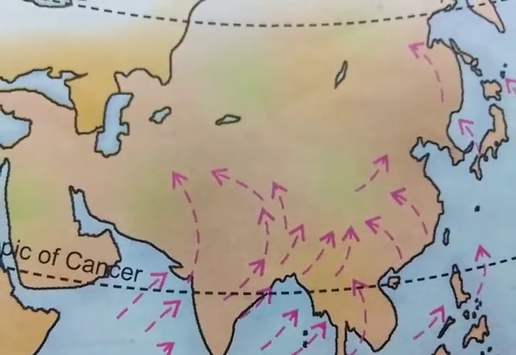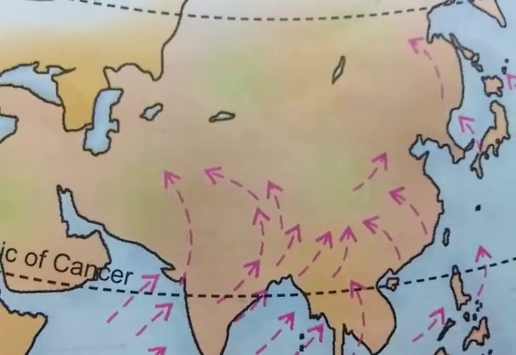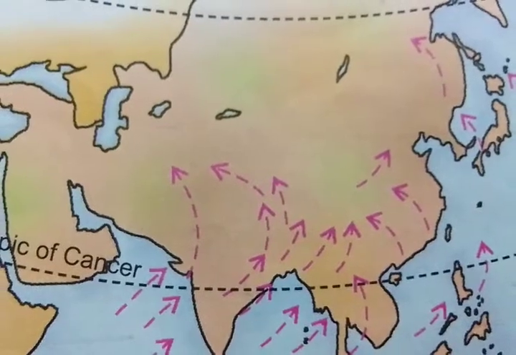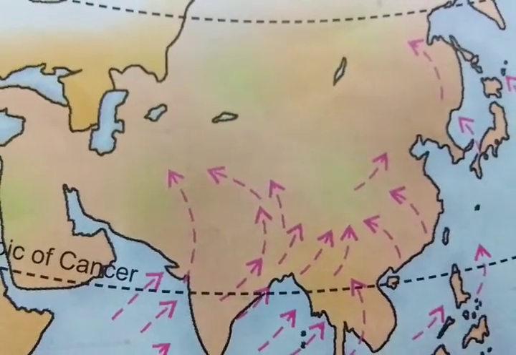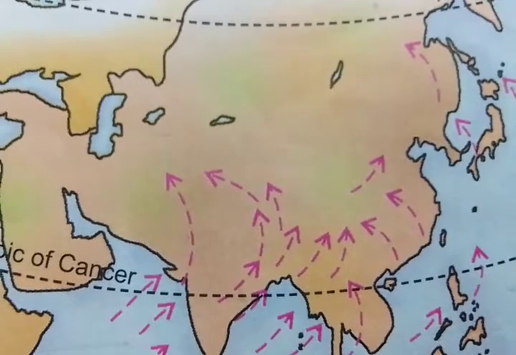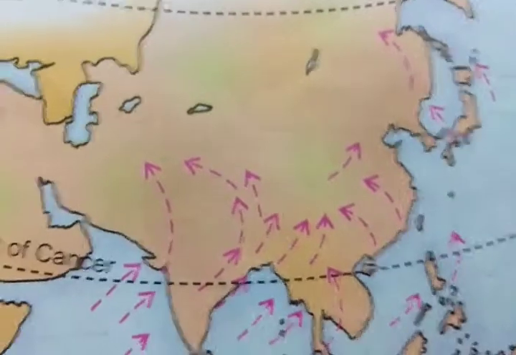Clear? The southwest monsoon winds break or burst over the coast of Kerala in the beginning of June, and the monsoon current is deflected by the peninsular part. Then it divides into two branches, the Arabian Sea branch and the Bay of Bengal branch. Clear?